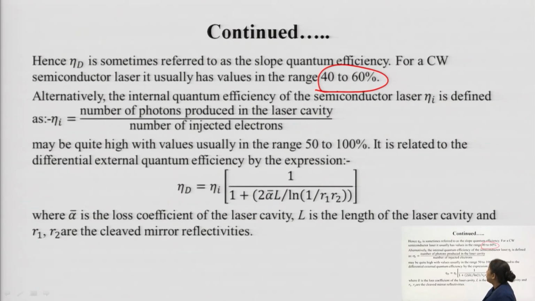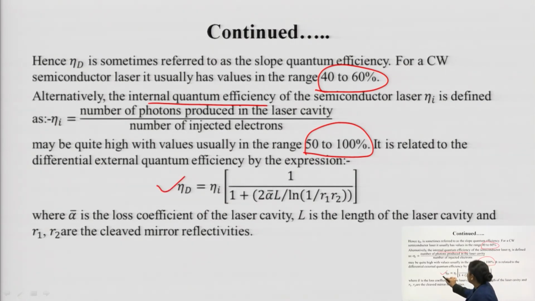Alternatively, the internal quantum efficiency, which occurs due to spontaneous emission, is given by the number of photons produced in the laser cavity upon the number of injected electrons, and may be quite high, with values usually in the range of 50 to 100%. It is related to the differential external quantum efficiency by this expression, where this is the external quantum efficiency and this is the internal quantum efficiency.